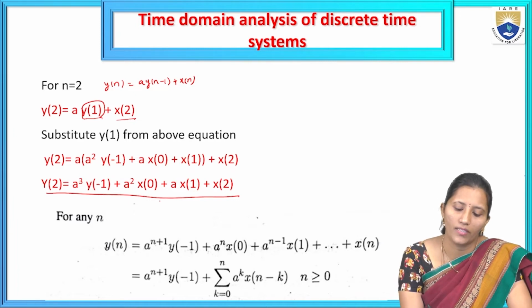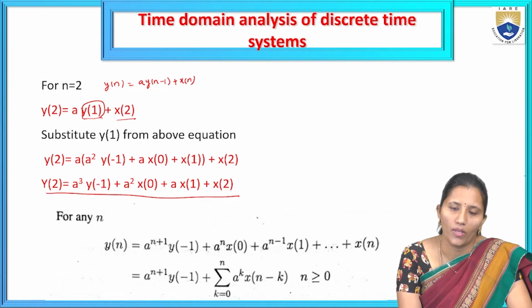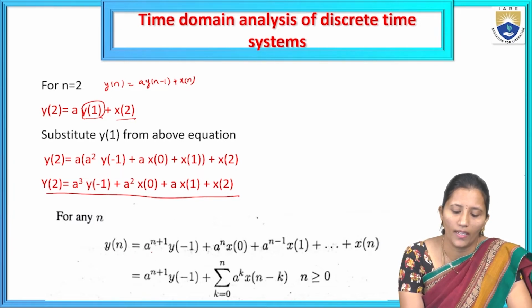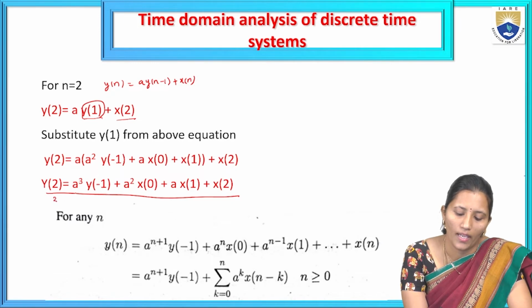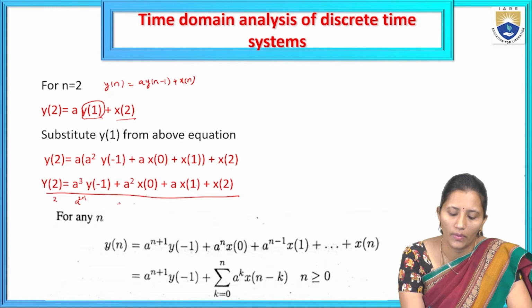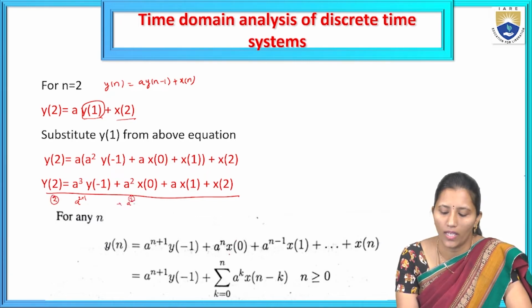If we consider this equation and write the general difference equation for any n, y of n can be written as a power n plus 1 y of minus 1, plus a power n into x of 0 plus a power n minus 1 into x of 1, and so on, plus x of n.